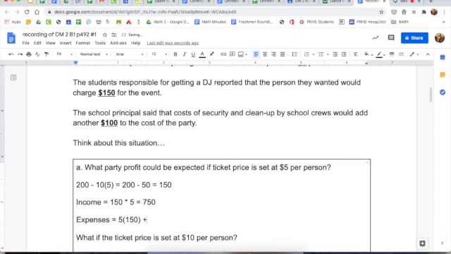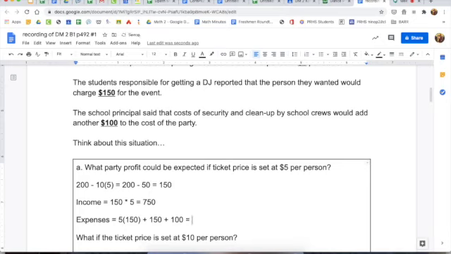We also have some other expenses. In this case, it's going to be $150 for the DJ. Remember that doesn't depend on how many people attend the party. And we also have to pay $100 for security and cleanup. That also does not depend on how many people attend the party.